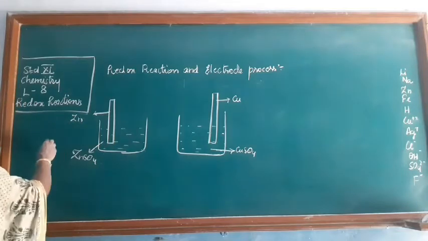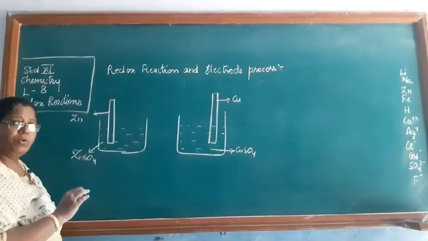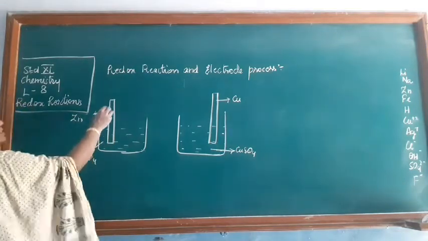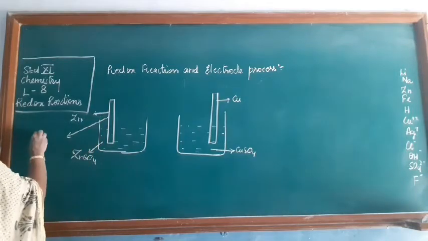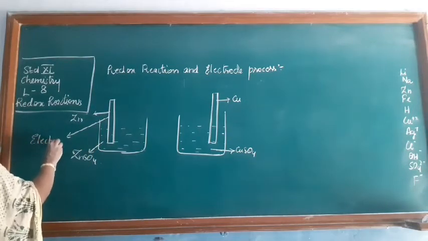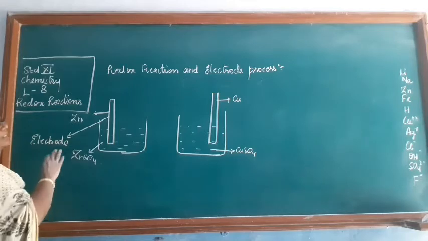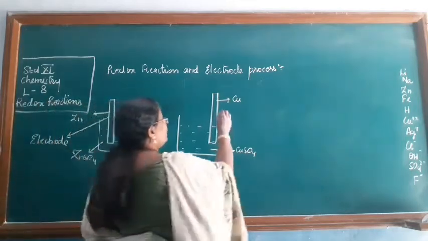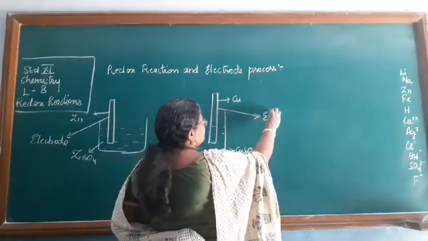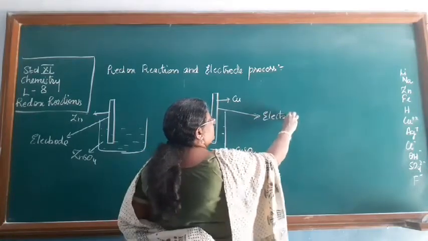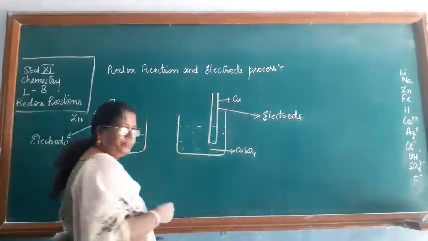Zn is the negative pole and copper is the positive pole, okay. So this strip will be called the electrode, okay. Now this electrode has the tendency to get oxidized and this electrode has the tendency to get reduced, ठीक है.